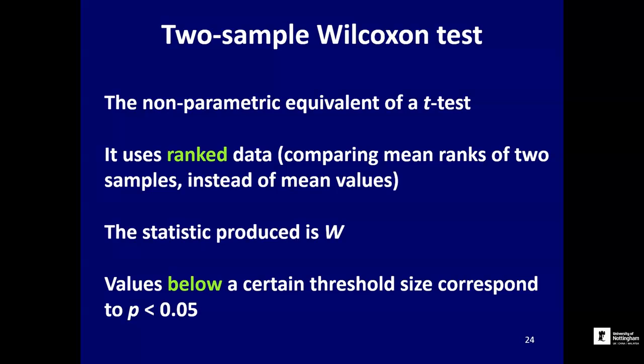The bigger the test statistic, the smaller the difference in the mean ranks. Don't ask me why. Whoever designed it was clearly not thinking straight. But it does mean that we're looking for small values of W to indicate big differences in the ranks between two groups. But the computer does the hard work for you because it will calculate the p-value for you.